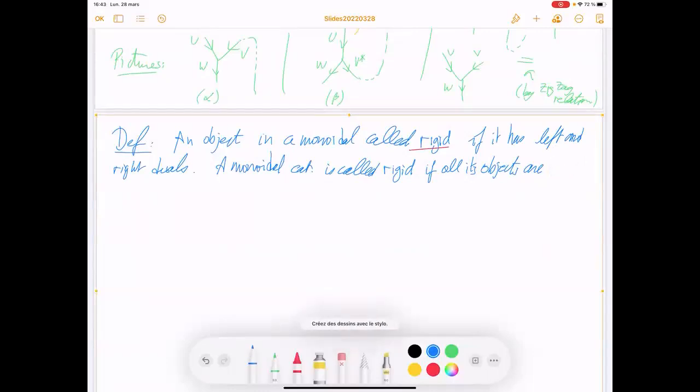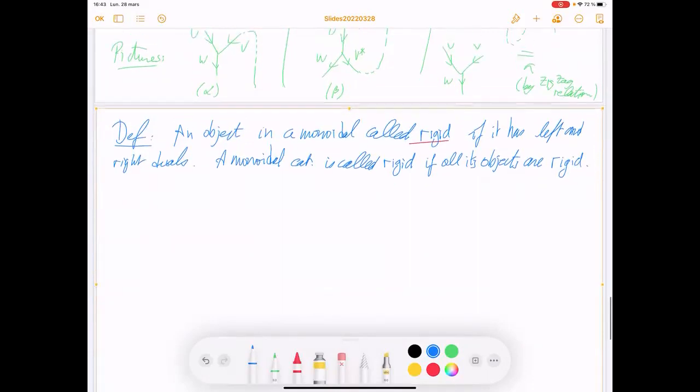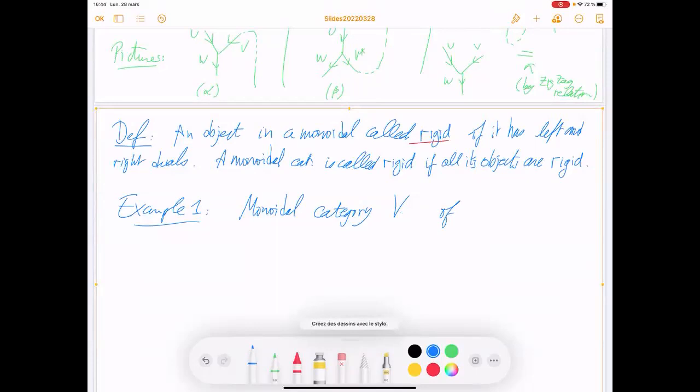So what about examples of rigid monoidal categories? The first example, more or less a trivial example, is the category Vec of finite dimensional K-vector spaces. The finite dimensionality assumption is very important.